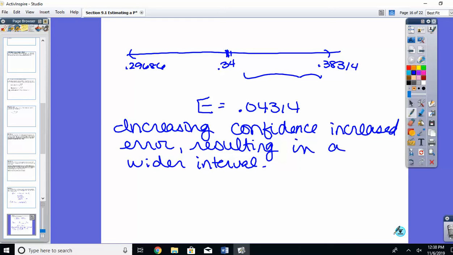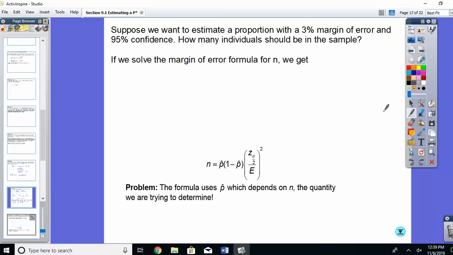So, the last thing I want to talk about, this slide, don't write this down right now, just follow along with me. If I wanted to estimate a proportion with a 3% margin of error and 95% confidence, what if I wanted to find out how many individuals should be in the sample?